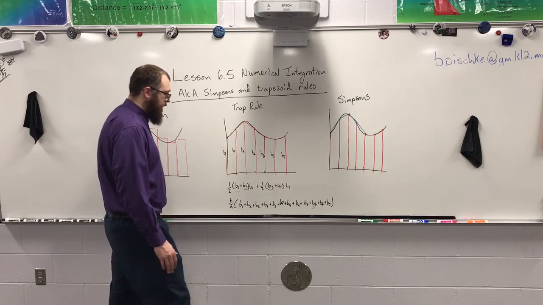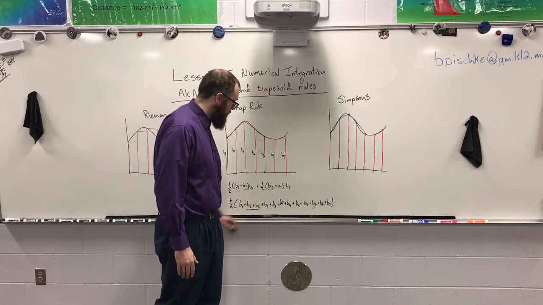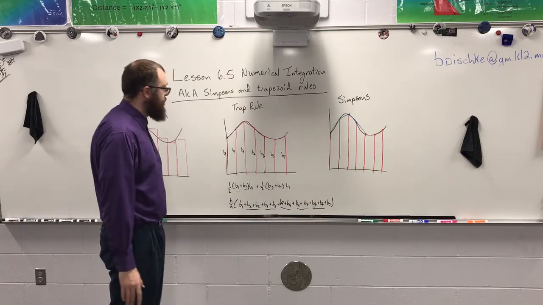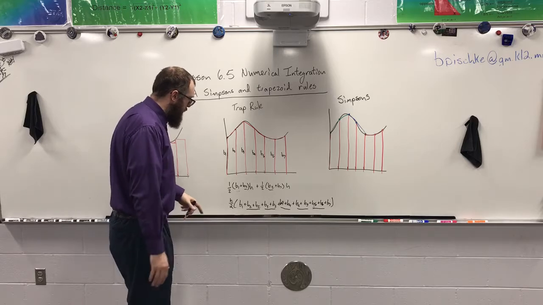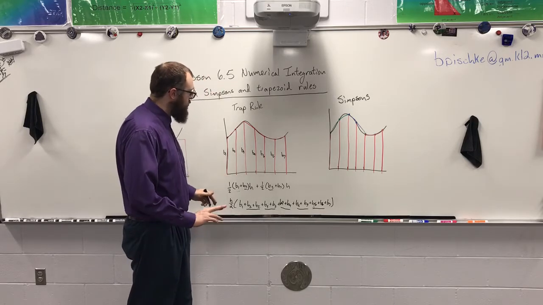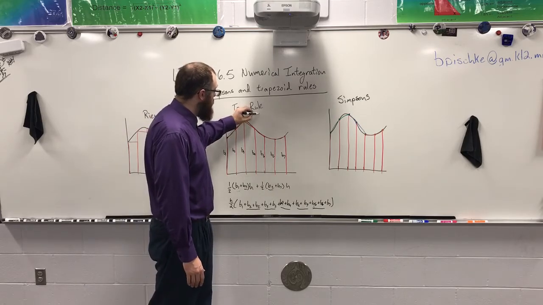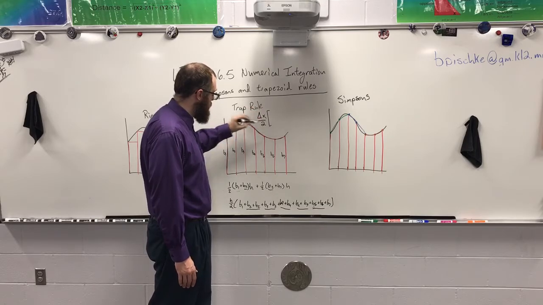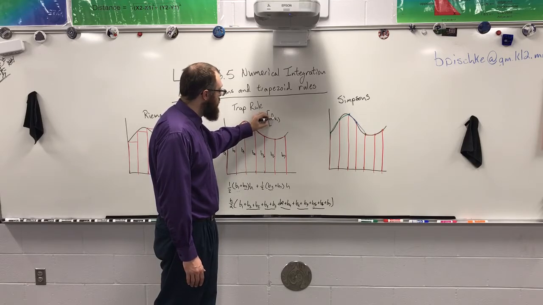Oh, okay, so this is a lot of junk, but this can be simplified because I have 2 base 2s, 2 base 3s, 2 base 4s, 2 base 5s, 2 base 6s. So when we pull this all together, h is going to be my width. I'm actually going to change its name to delta x. So I have delta x over 2 times base 1, which we're going to call f(x1).